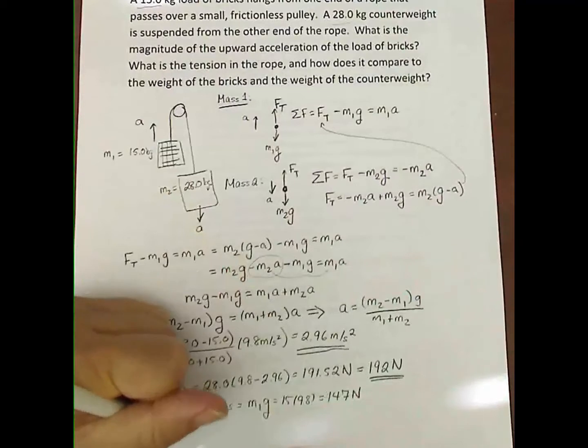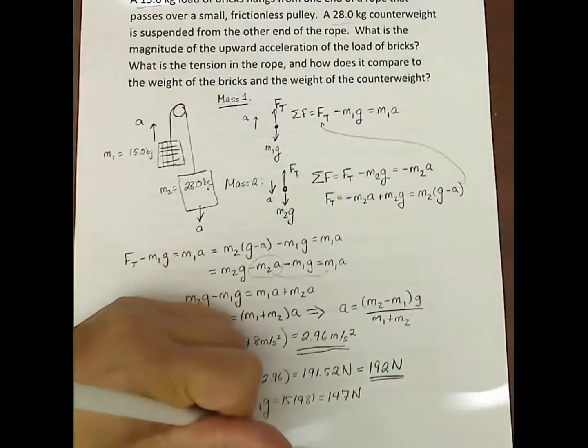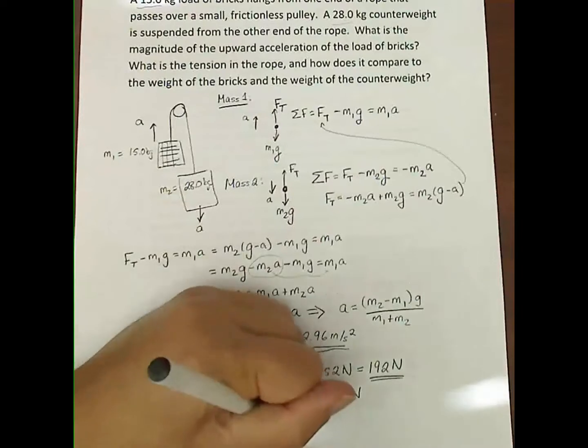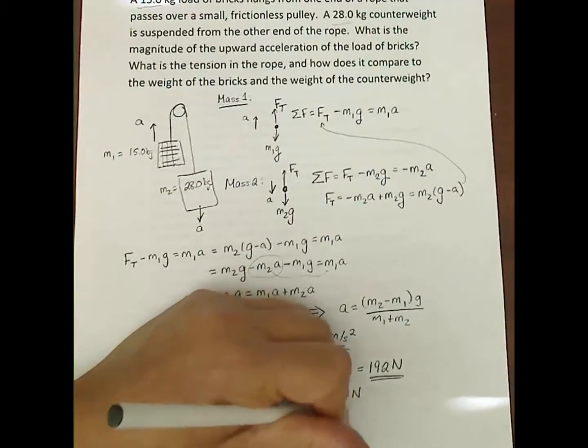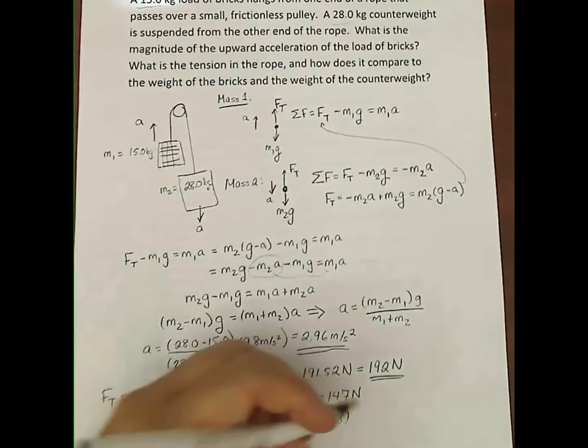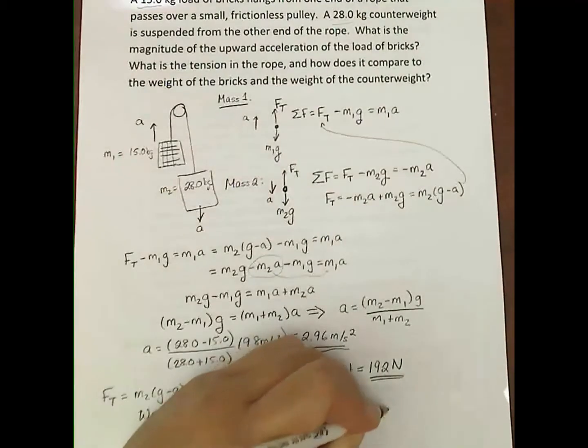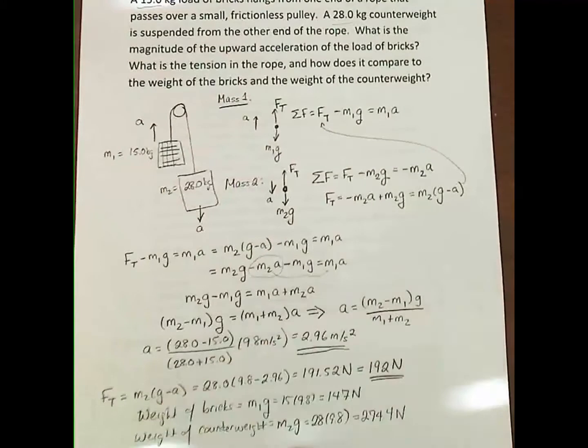How about the weight of the countermass? Well, that's going to be M2 times g, so that's 28 times 9.8, which is 274.4 newtons. So the tension in the string is smaller than the weight of the counterweight, but bigger than the weight of the bricks.